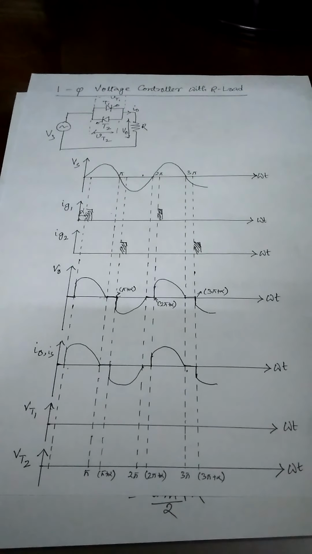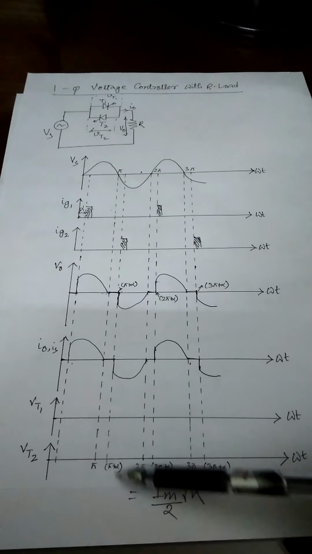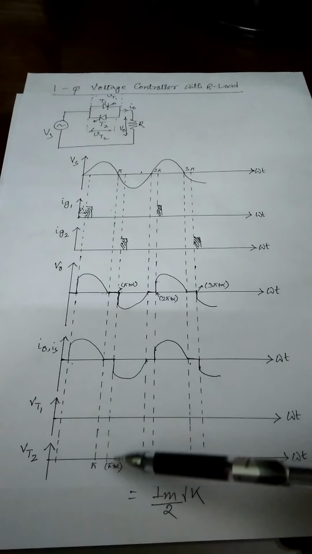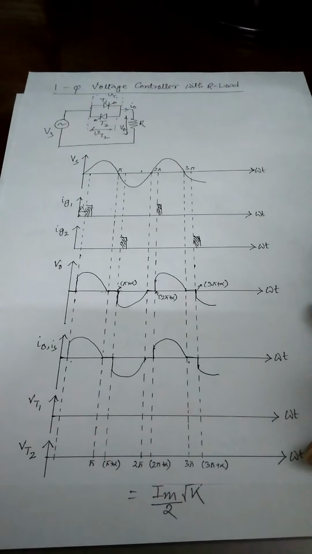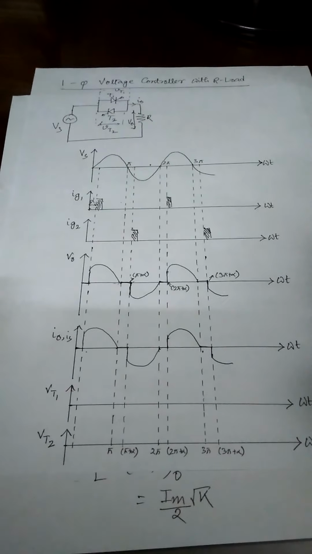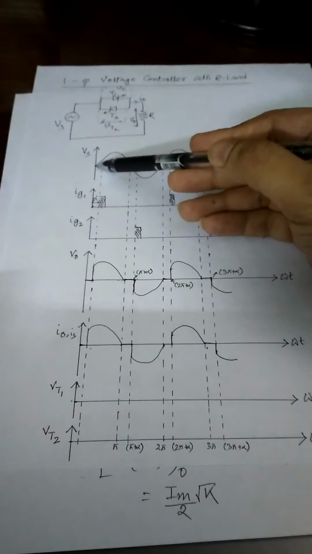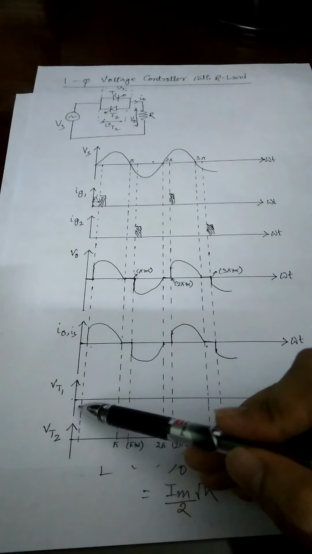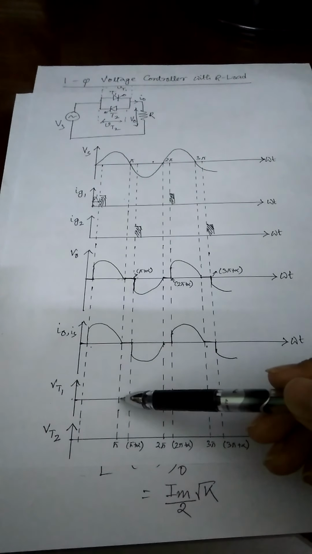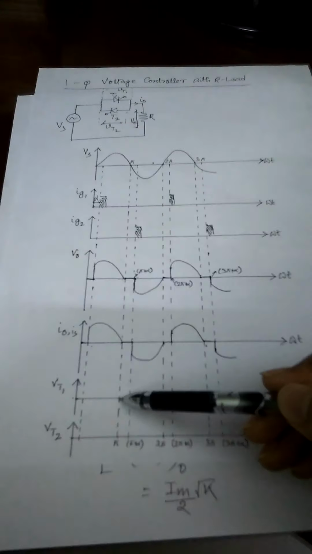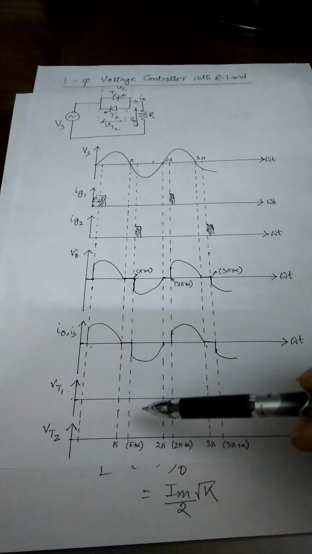Now there are another two parameters, that is VT1 and VT2, that means the thyristor voltage, the voltage across the thyristors T1 and T2. Now an interesting thing is that, at the 0 point of the supply voltage, from 0 to pi, the T1 is in forward bias condition.